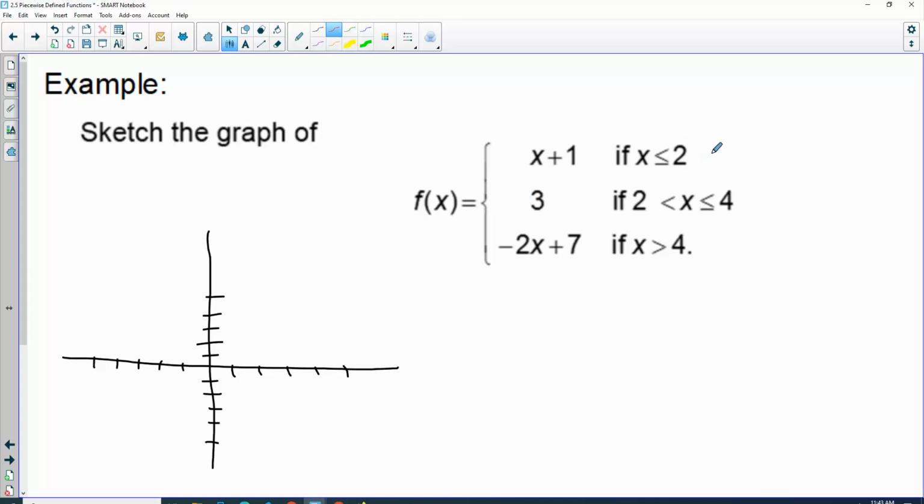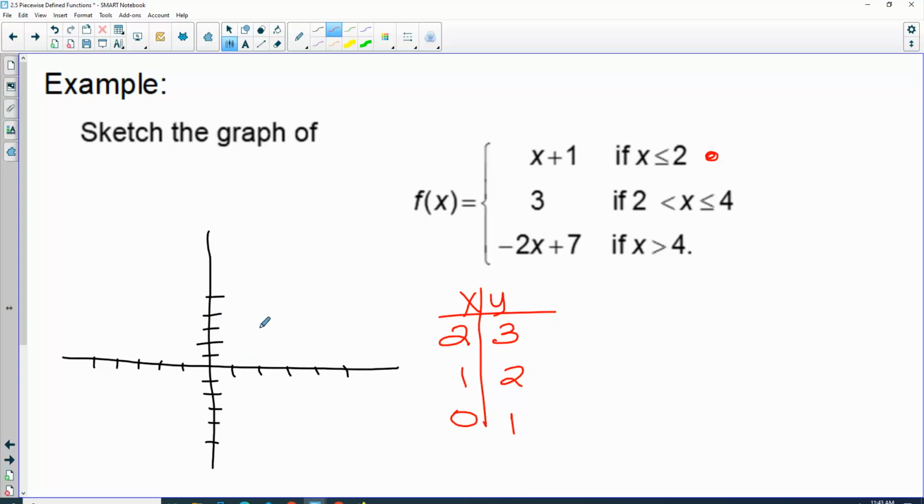So the first one, x plus 1 if x is less than or equal to 2. I told you yesterday we have to put in the endpoints, so I have to plug in 2. Will it be open or closed? Closed, and we know that because it has the equal to. And then we need things smaller than 2, so maybe a 1 and a 0. So if I plug that in, 2 plus 1 is 3, 1 plus 1 is 2, 0 plus 1 is 1.